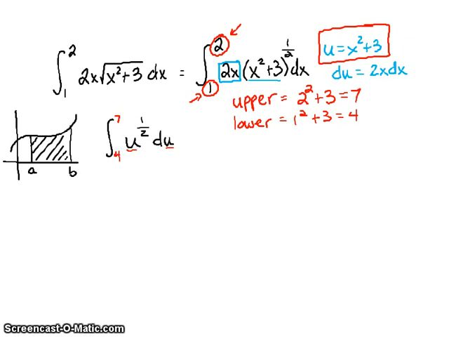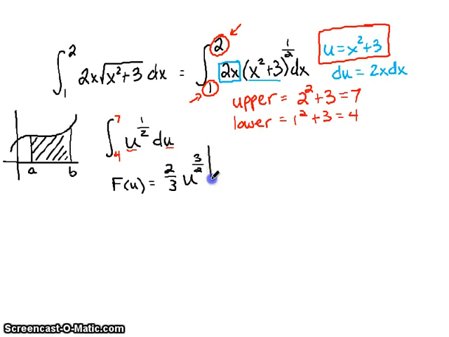So now we are going to do our fundamental theorem of calculus. We're going to find the antiderivative, capital F of u. This one's kind of fun. We get to say F u to this problem. We increase our exponent from 1/2 to 3/2. Dividing by 3/2 is the same thing as multiplying by 2/3.